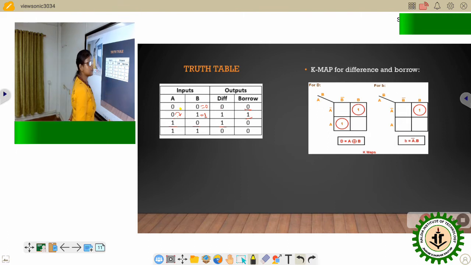For the difference, we have 1 in one place and 1 in another place. We can't unite these two ones, as they are arranged diagonally.